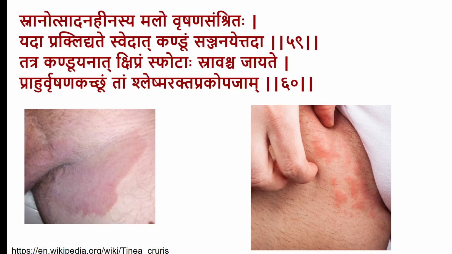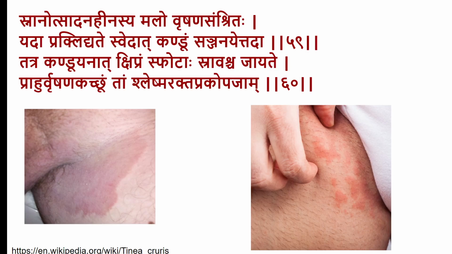In adults again, similar unhygienic condition, स्नान उत्सादनहीनस्य नरो वृषणसंश्रितः यदा प्रकृत्यते स्वेदात् कण्डूं सञ्जनयेत् तदा तदा कण्डूयनात् क्षिप्रं स्फोटाः श्रावश्च जायते प्राहुः वृषणकच्छुं तं श्लेष्मरक्तप्रकोपजां कफरक्तजव्याधि, where there could be unhygienic conditions in the skin, and hence it results in the irritation of the skin and produces severe itching, usually attributed to the fungi.